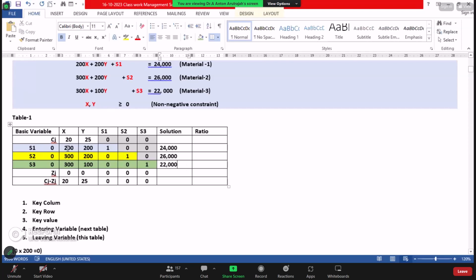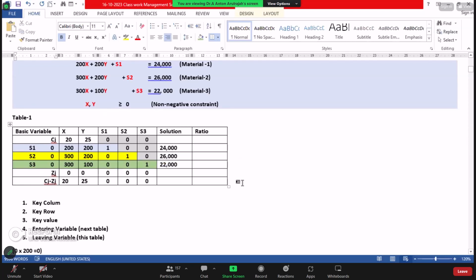These are the unit requirements. This is the Zj value, right? This is the Zj value. Next one is the Cj minus Zj value.